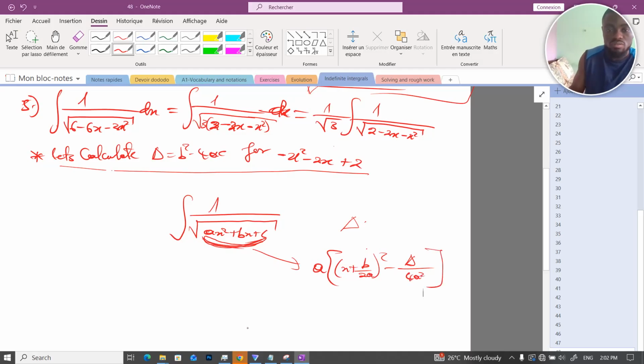Yes, that's it. So we're first going to calculate delta. You understand? You use the completing the square formula.